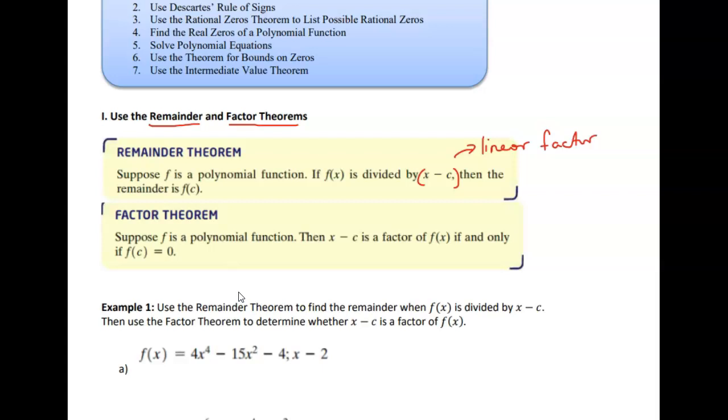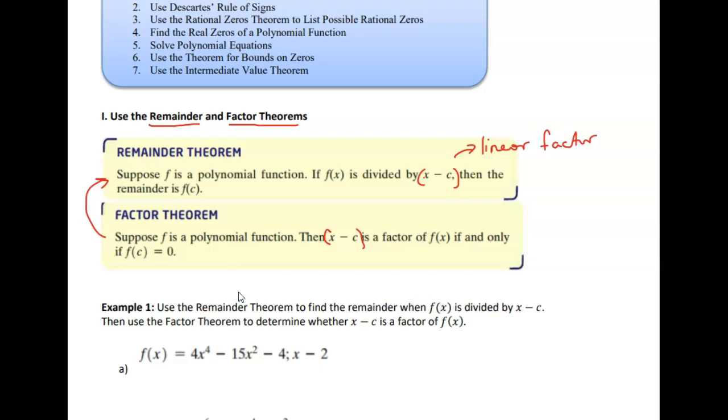The factor theorem says, suppose that f is a polynomial function, then x minus c is a factor of f of x if and only if f of c equals 0. So x minus c is a factor of the function if the function evaluated at c equals 0. Tying in with the remainder theorem, x minus c is a factor of f if the remainder of the division is 0.